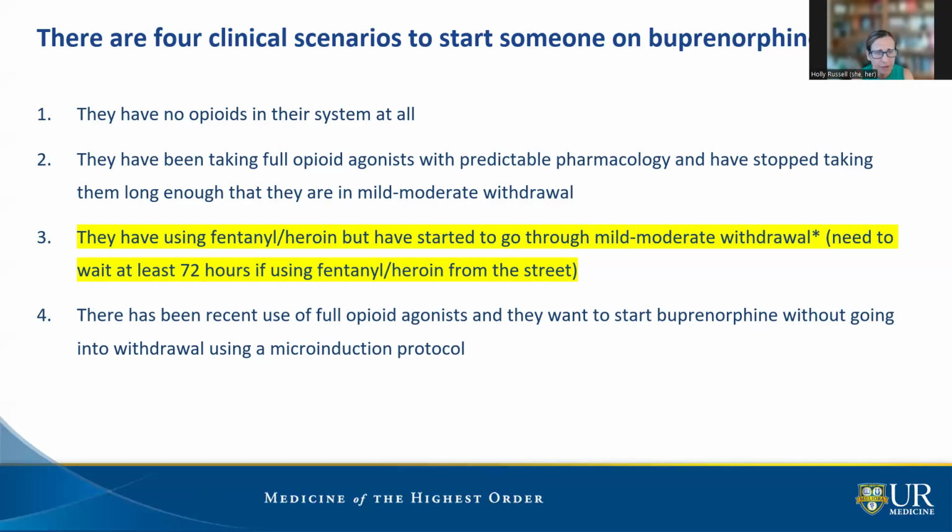The second scenario here is if they've been taking full opioid agonists with predictable pharmacology. So this would be something like a prescribed opioid. What you don't want to do is assume that if they tell you they're taking oxycodone but they're buying it from the street, that it is actually oxycodone.